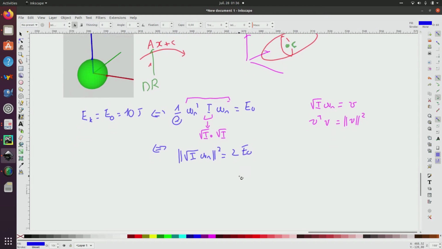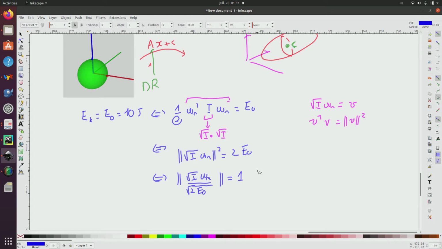I prefer to write it in this form. I will put everything with a norm, so it corresponds to the norm of this vector divided by the square root of 2 E0, and this norm should be equal to 1.